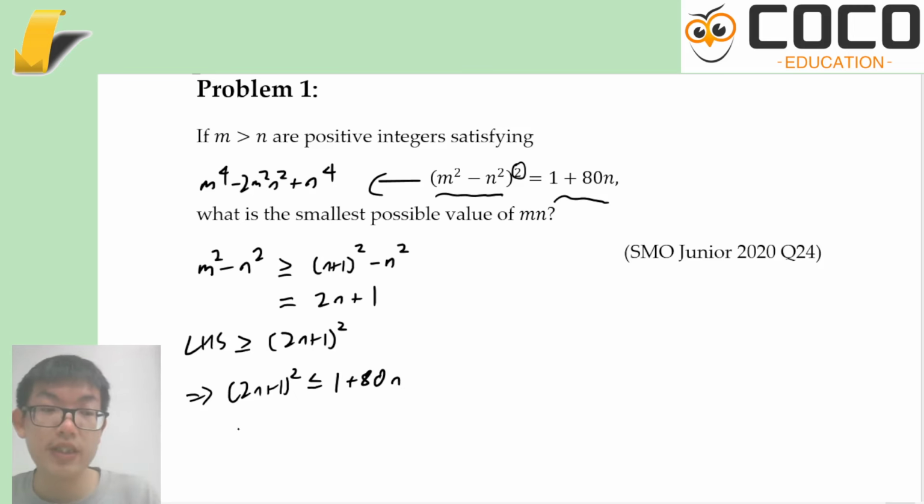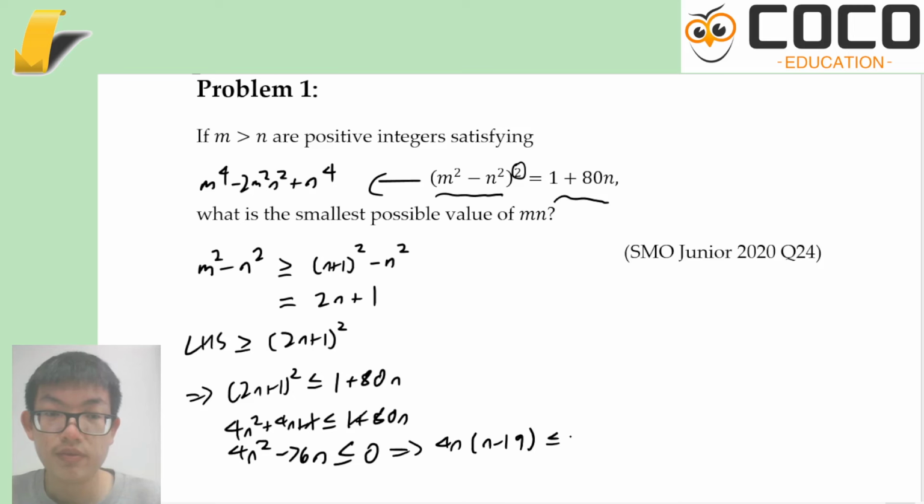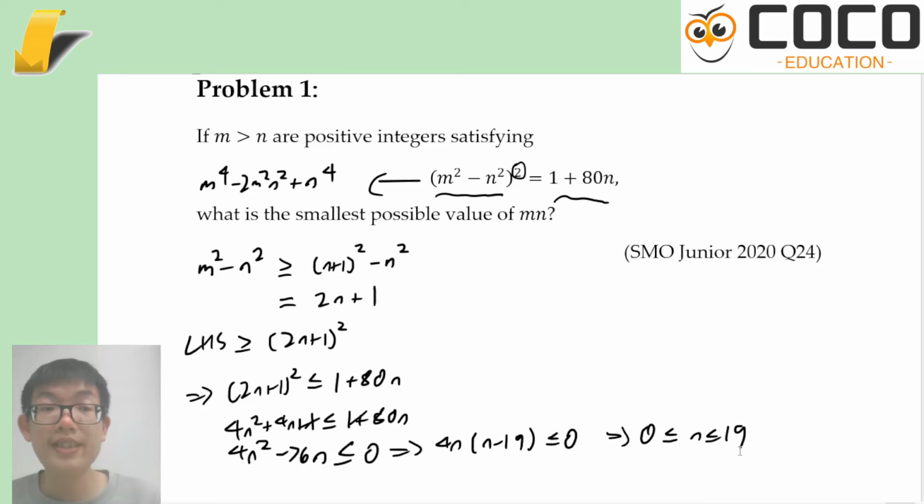It gives me, however, a simple quadratic inequality. Cancel off, move it over, and that I can factorize. So n goes from 0 to 19 is going to be the range of values that I need to try.